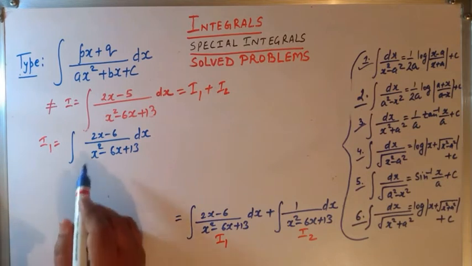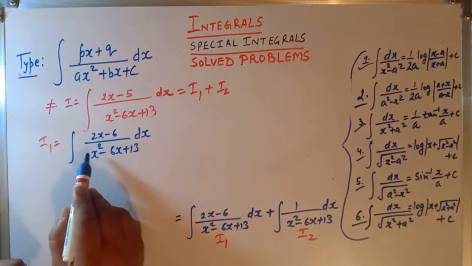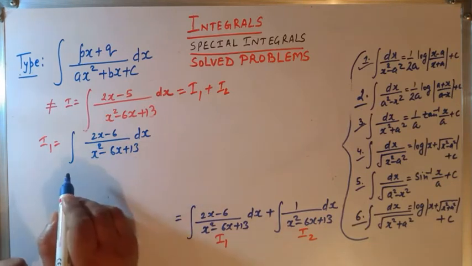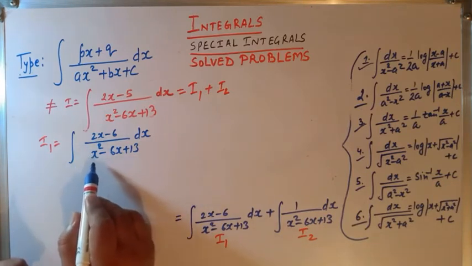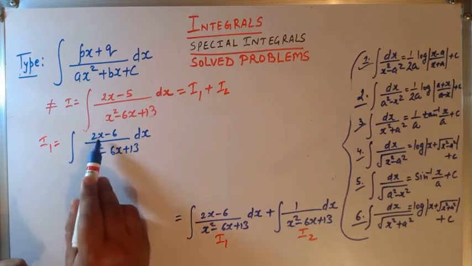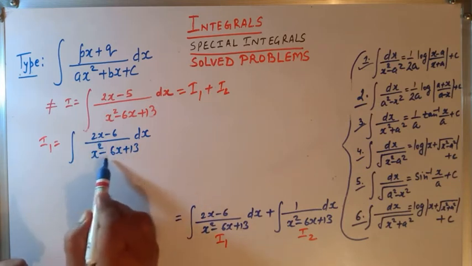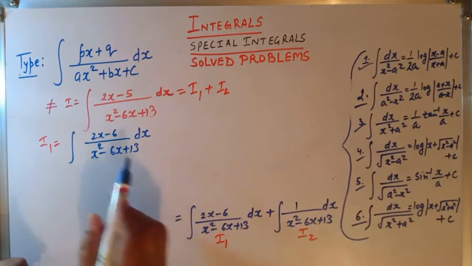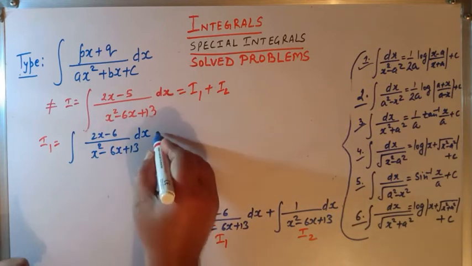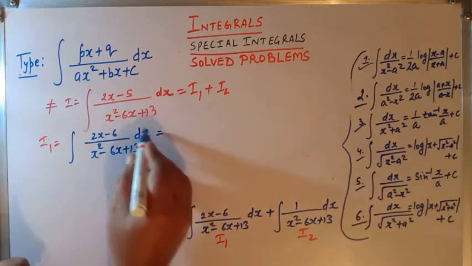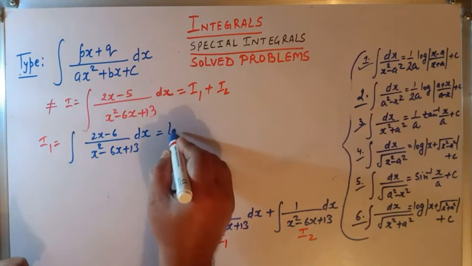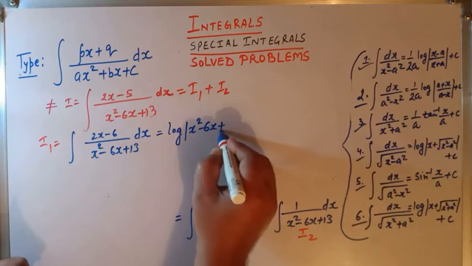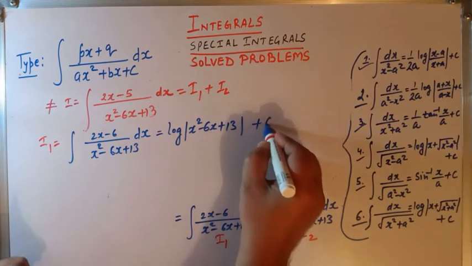Now I1 is (2x minus 6) divided by (x square minus 6x plus 13). So here we observe that the numerator is the derivative of the denominator. Clear? So we can directly write this integral as log of (x square minus 6x plus 13) plus c1.